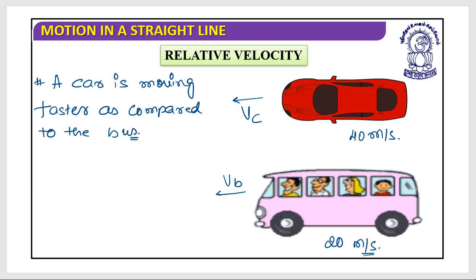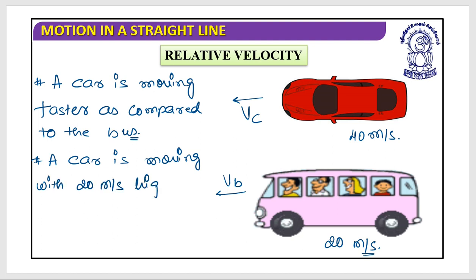A second observation should be: the car is moving with 20 meter per second higher speed as compared to the bus. I hope these things are clear to you.